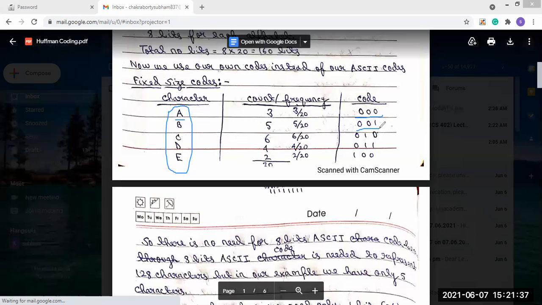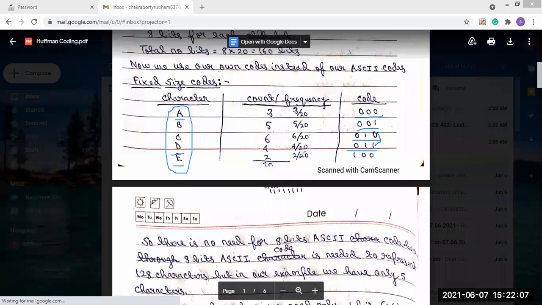So what comes next after B? C. The code of C will be 010, because after 001 comes 010. Same for D. What will our code be? The 3-bit code will be 011, because after 010 comes 011.